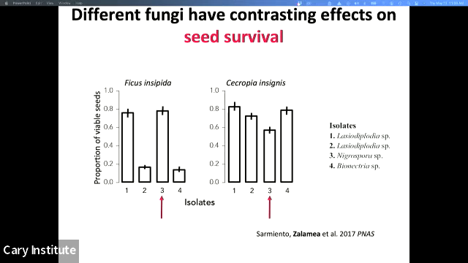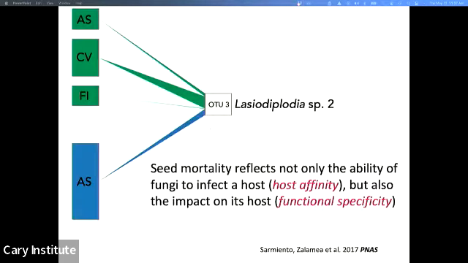And isolate 3 was the most pathogenic isolate for Cecropia insignis and only killed about 20% of the seeds of Ficus insipida. So the take-home message here is that there is a very strong interaction between fungal isolate and plant species ID, right?